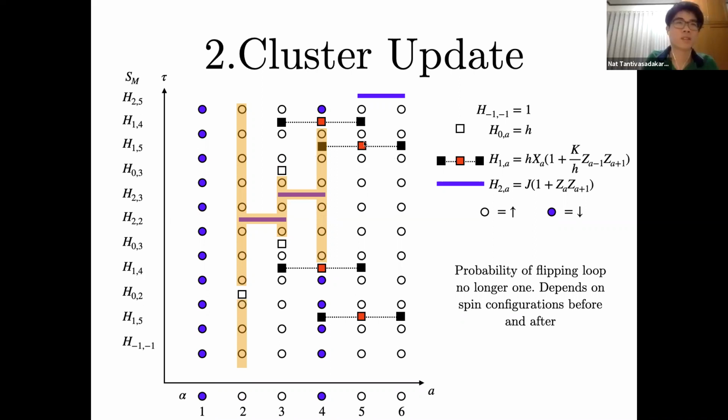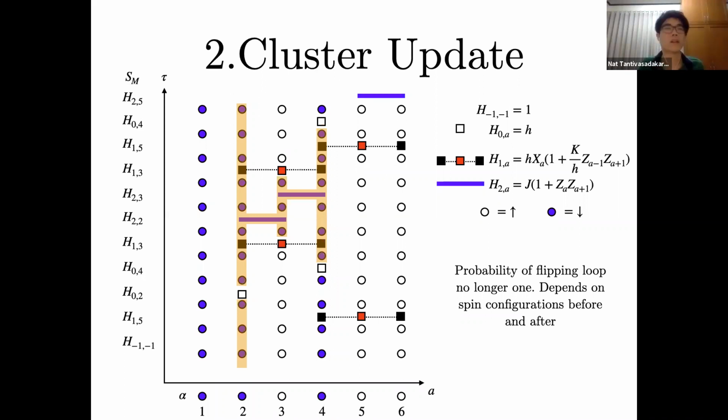For example, it's 3-body, so there's a Pauli z over here, and this Pauli z might get flipped if you flip this cluster over here. So then you have to take care of calculating the weights before and after carefully. But that's basically it. You just need to take care of this probability, and everything else works the same as before.